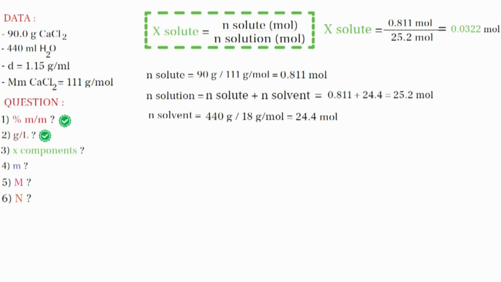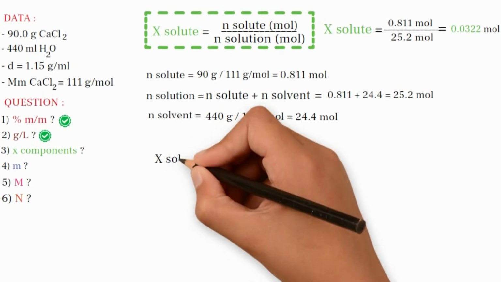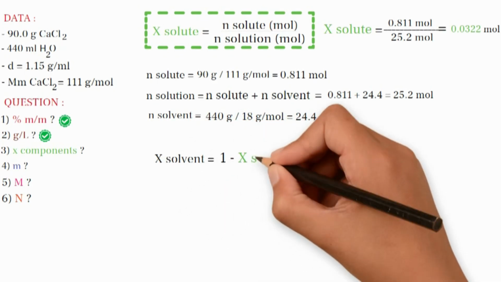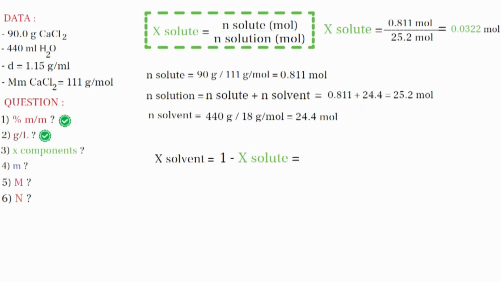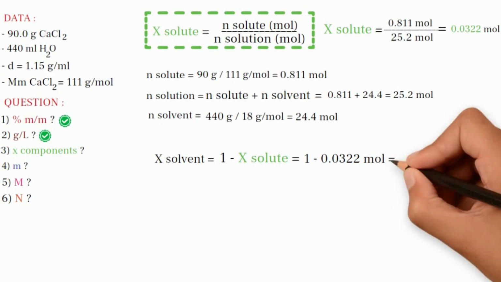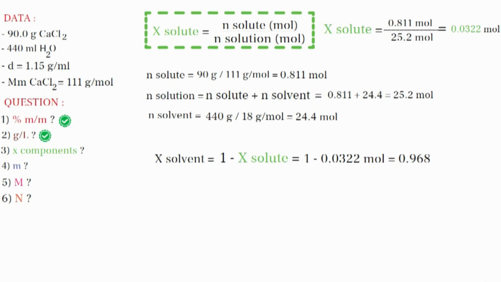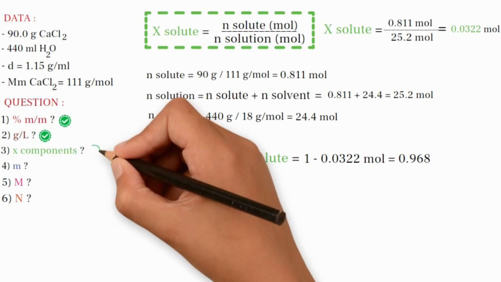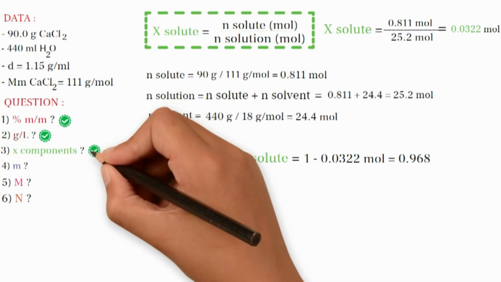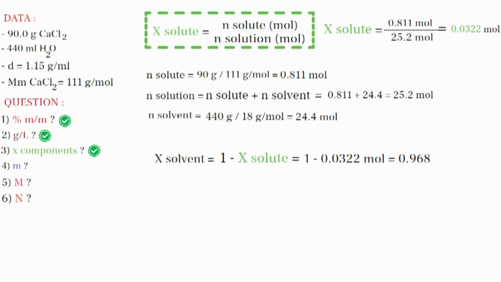So for example, if we want to know the mole fraction of solvent, we can do 1, so the whole, minus the mole fraction of the solute, and we will get the mole fraction of solvent, which will be 1 minus 0.0322 equals 0.968. So with this we have also answered this other question, and we can move on to molality.